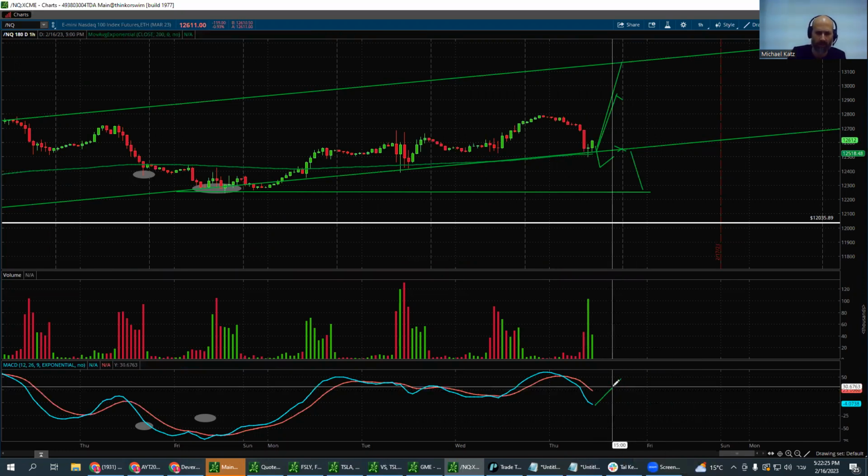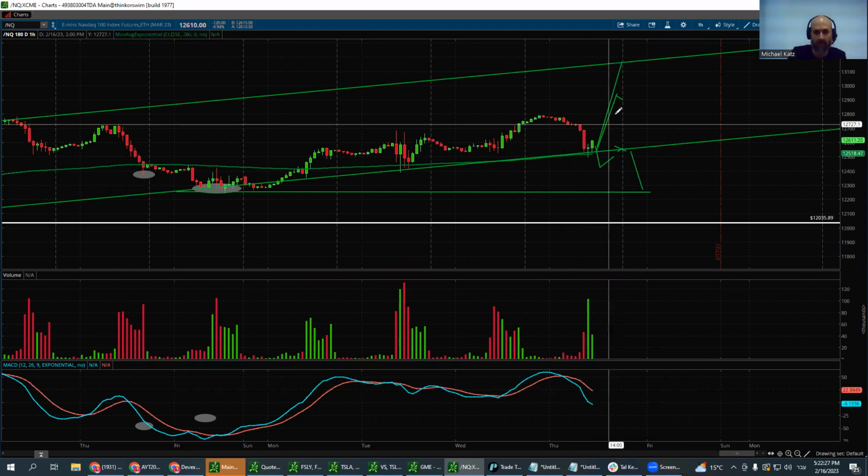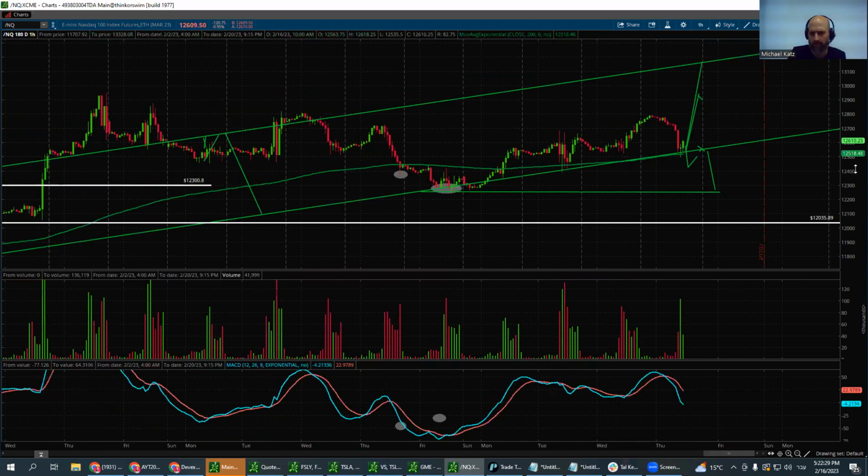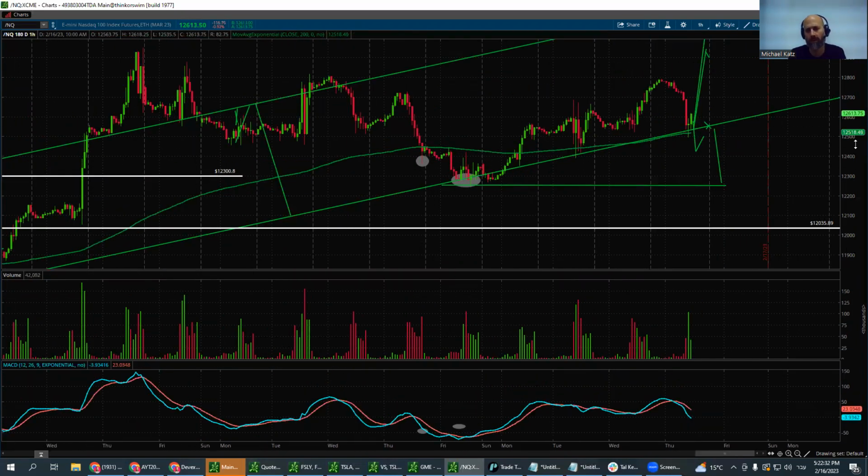I really like working with the MACD and the 200 EMA. But we do need to remember, and that's probably the most important thing when it comes to price action, that price and volume are the key to all of it, right? The EMAs, the MACD, the RSI, whatever you're using, it will always be something that you take from the price and volume and create an indicator from it.